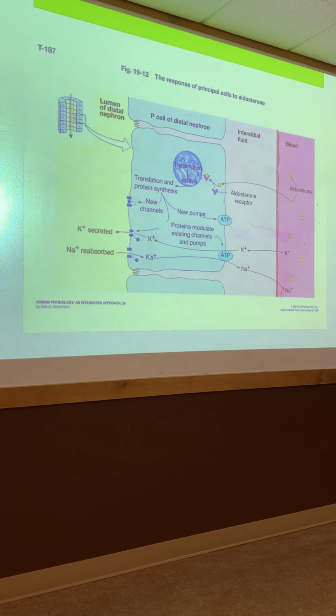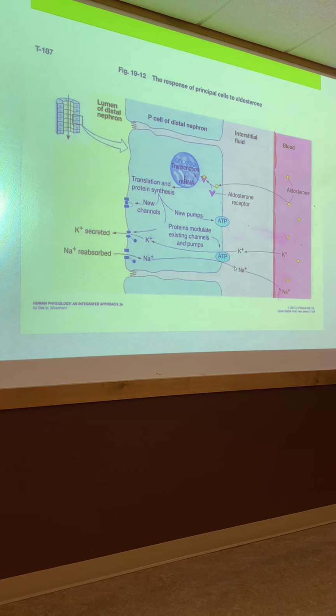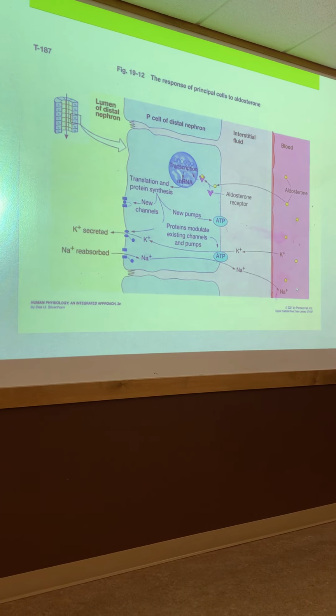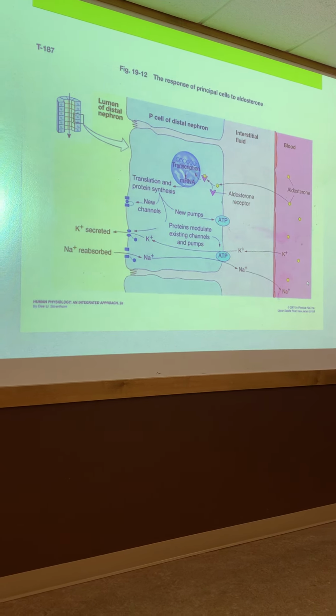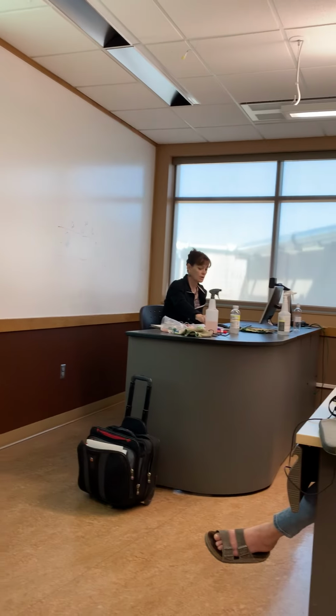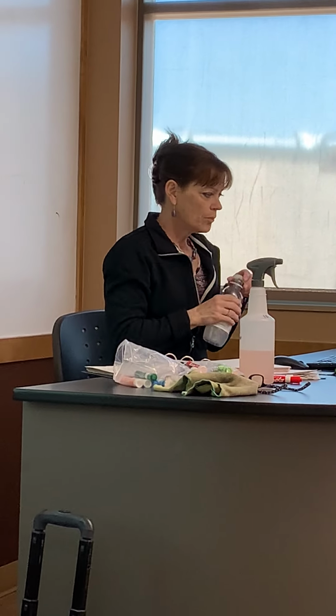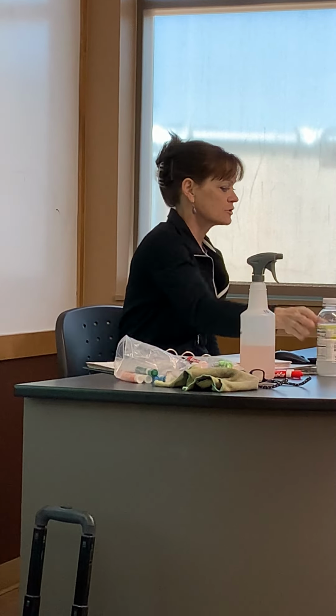Sodium comes in, leaves by the sodium-potassium pump, and gets reabsorbed back into the bloodstream. This would be a situation in which you have low sodium levels in your blood. You're hyponatremic. That's the fancy word, hyponatremic. In exchange for sodium, you're gonna lose a little potassium, but that's okay. We're gonna pull sodium in, we're gonna lose a little potassium.